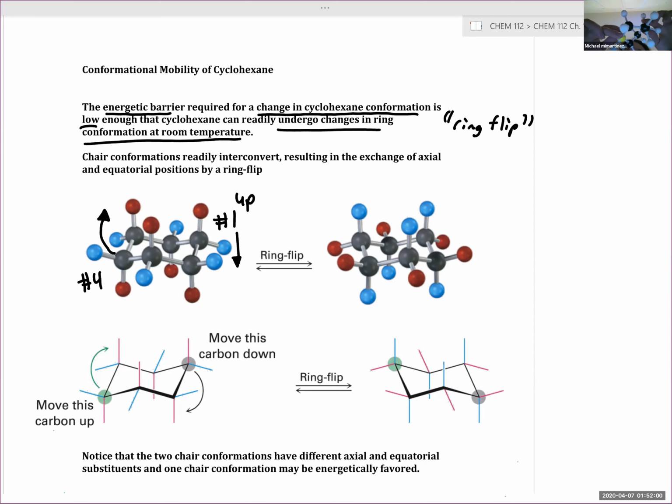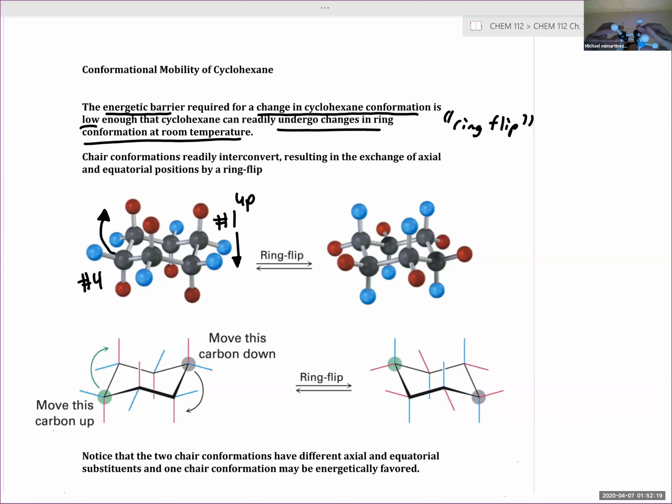I really encourage you to take the model and physically move carbon 1 up and carbon 4 down, and you begin to see that the rest of the molecule changes in terms of which substituents are axial and equatorial as a result of this ring flip.